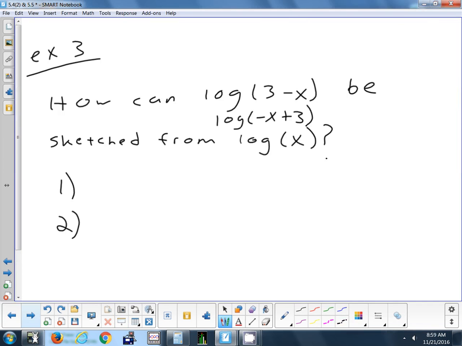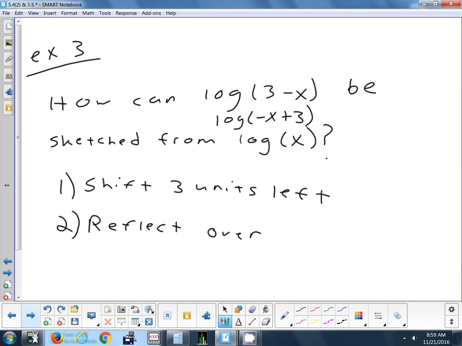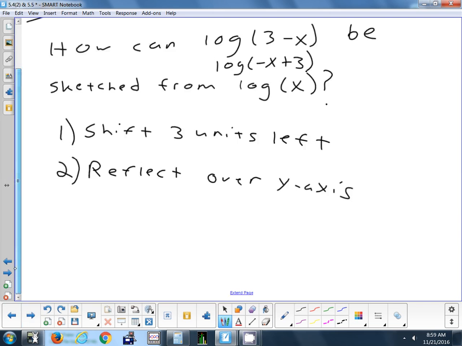Which one do you do first? Yep, and that's going to shift which way? 3 to the left. So shift 3 units left, and the negative, that's a reflection over which axis? The y-axis. That's that one.